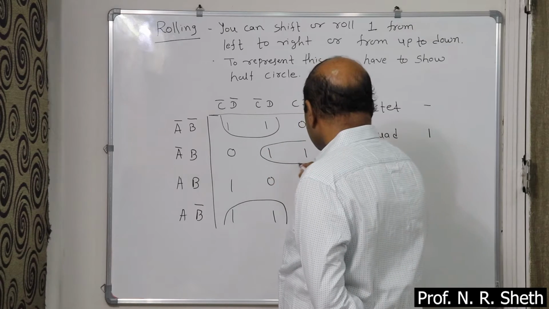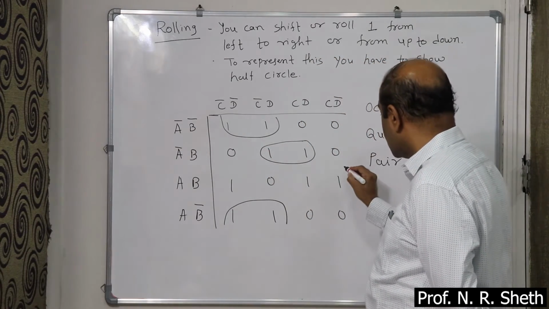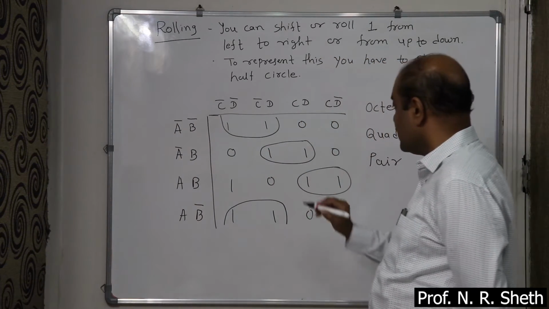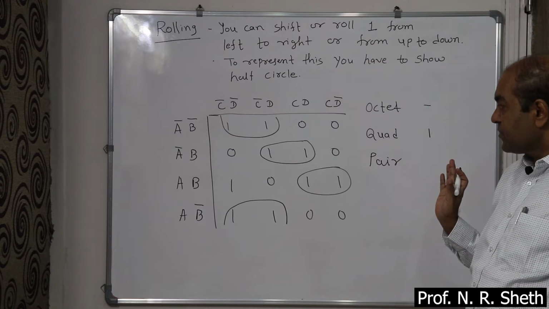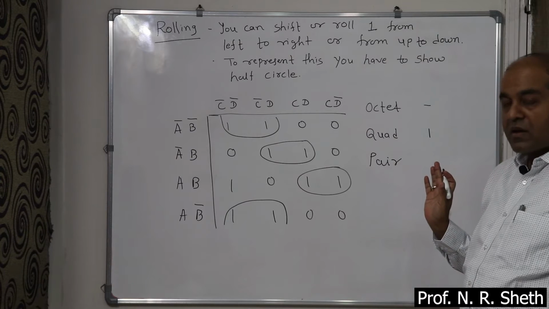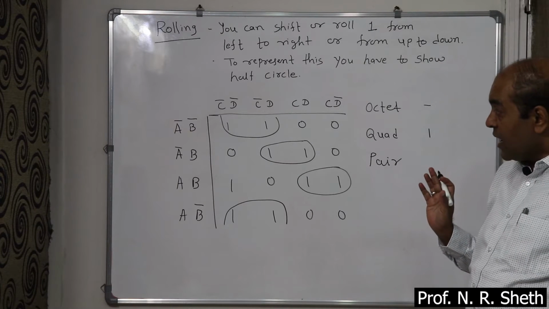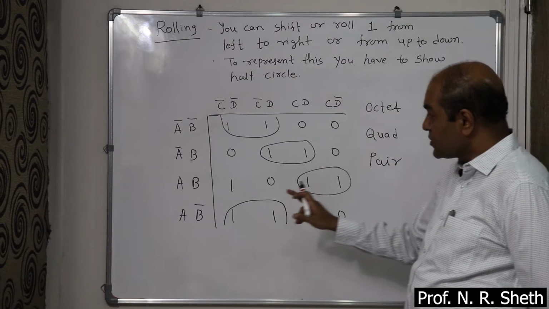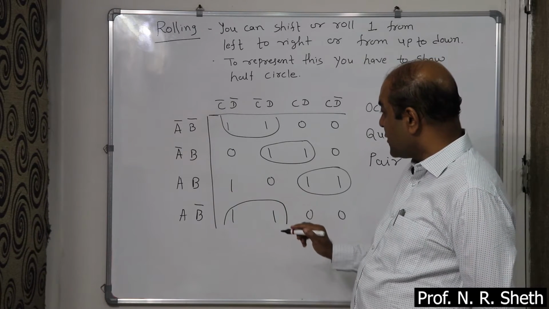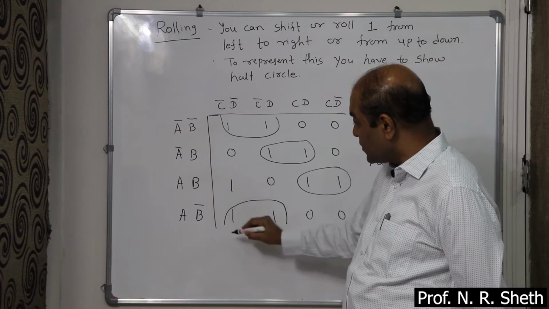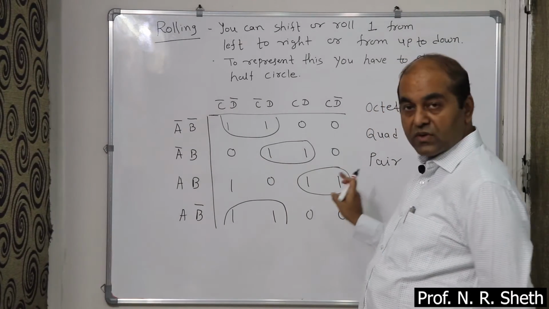As far as pairs are concerned, this is the first one, this is the second one. Okay. Now only this one is left. So you can have a pair either with this one or with this one.